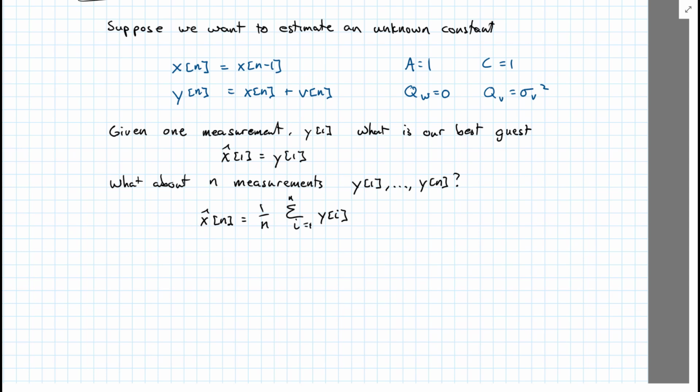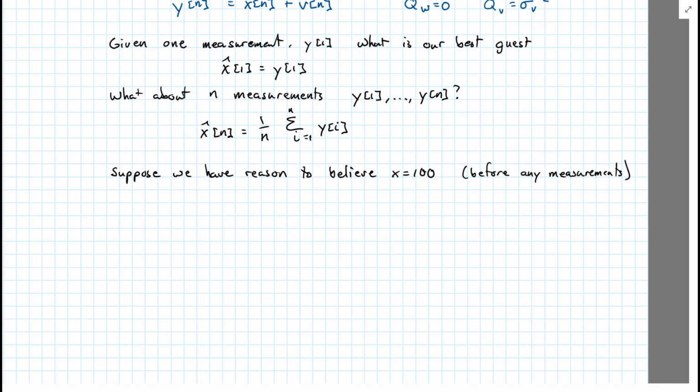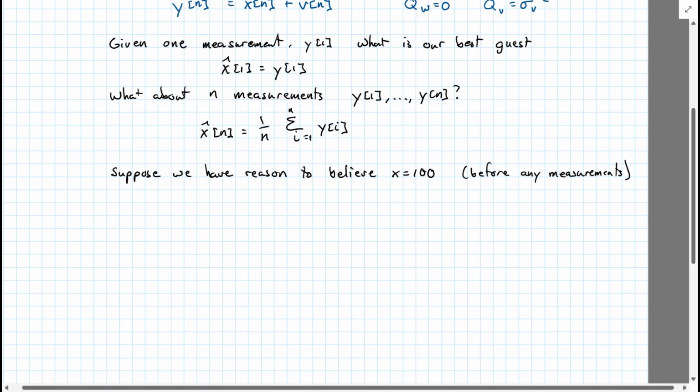First, maybe we have reason to believe that x is, for example, 100. How would we then build up an estimator for x hat? Well, there's not a particular right answer.